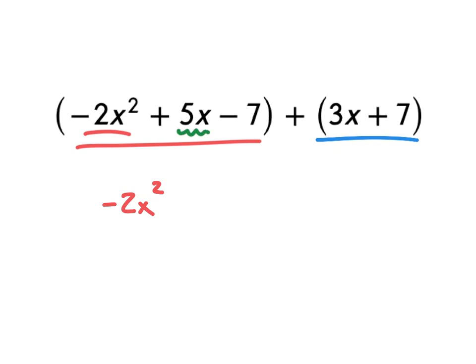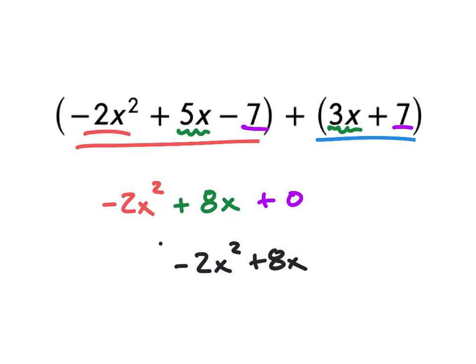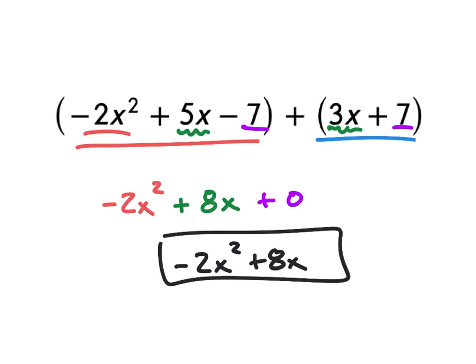So I do have 5x plus 3x. So 5x plus 3x is going to give me a total of 8x, adding the numbers up front. Keep your variable. And then negative 7 plus 7 is just going to add to 0. I don't need to write that plus 0, so if I were to put these together, it'd be negative 2x squared plus 8x. Okay, make sure you're always writing your answers in standard form.